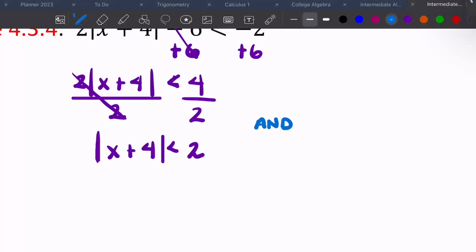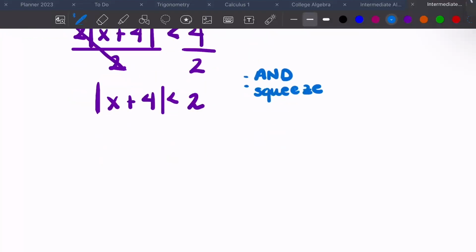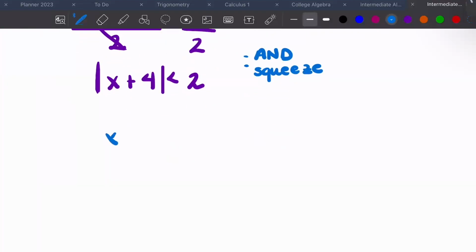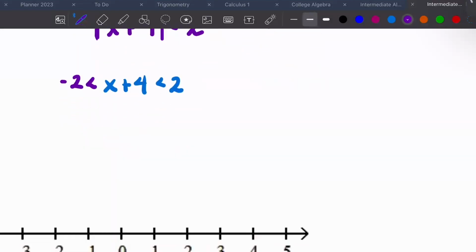Now, we can recognize this is an and statement. Less than, that means squeeze. So we have x plus 4. We drop the bars, is less than 2. And we need to squeeze it. Same sign, negative of the number. Now, keep x in the middle.